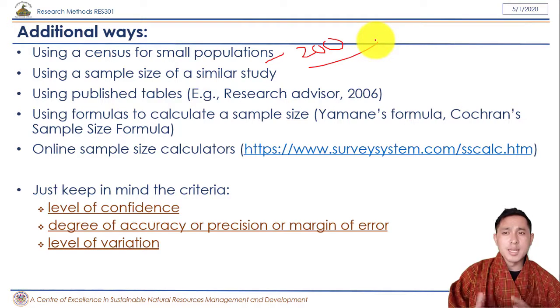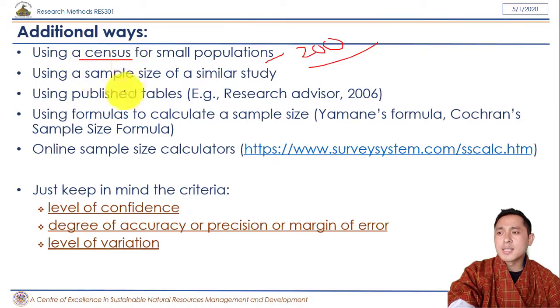So if you are looking at this small sized population, always take all the population as your sample. That's technically known as census.